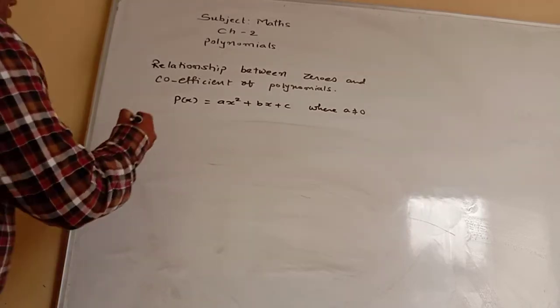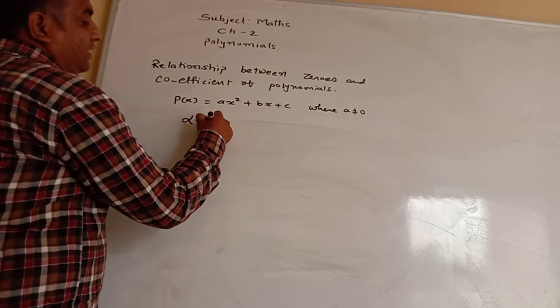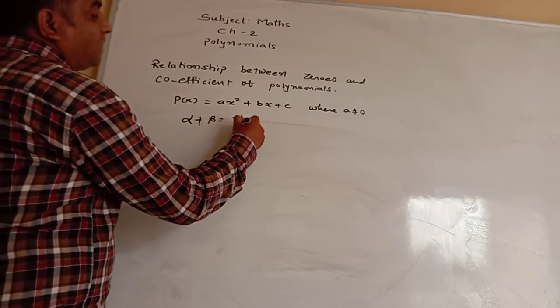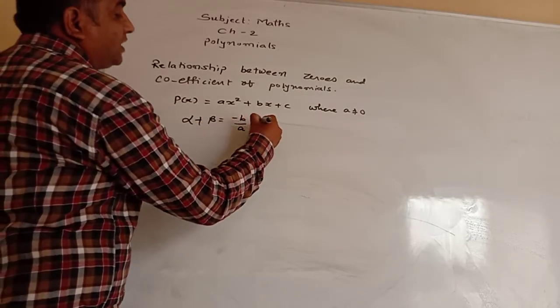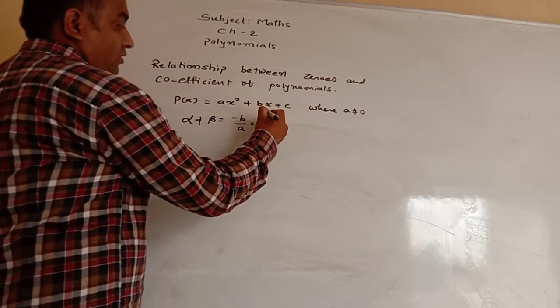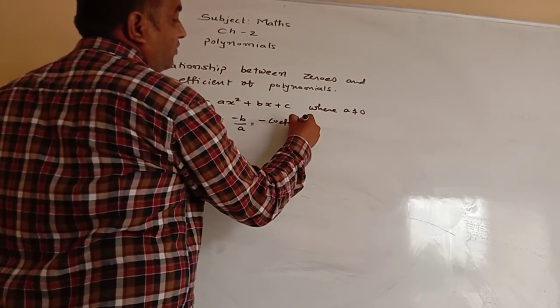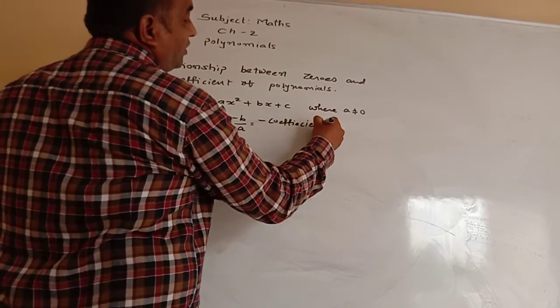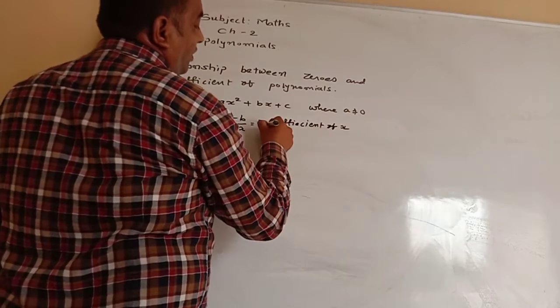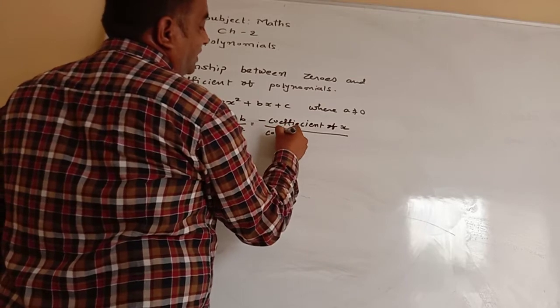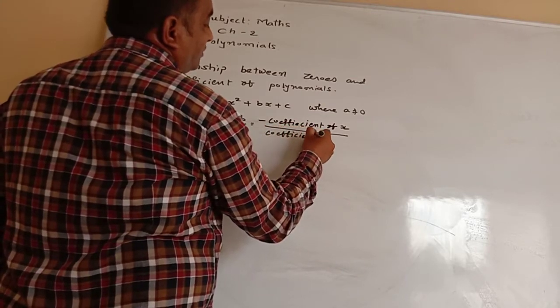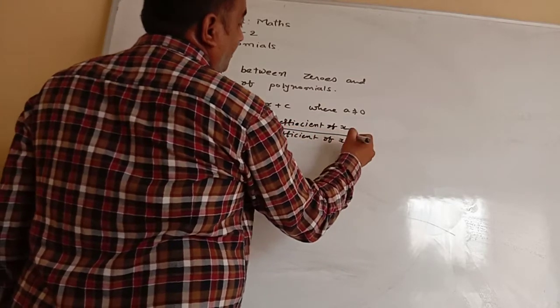So we have seen that alpha plus beta, the sum of zeros, equals minus b upon a, which is minus coefficient of x upon coefficient of x square.